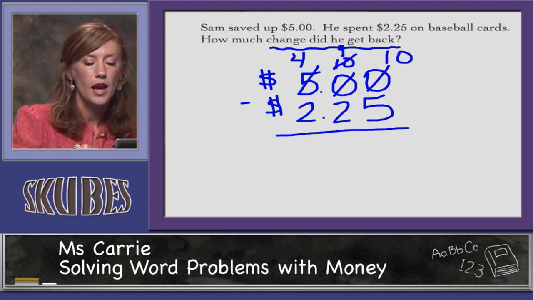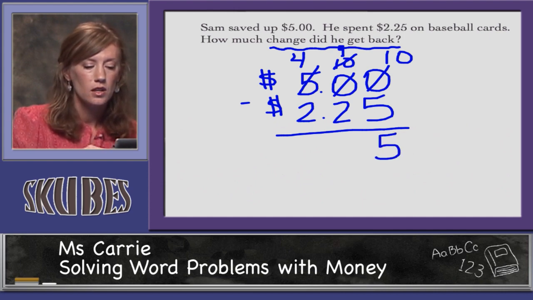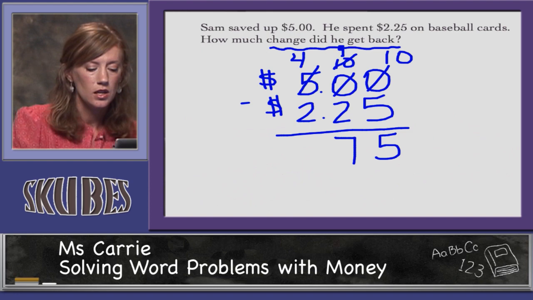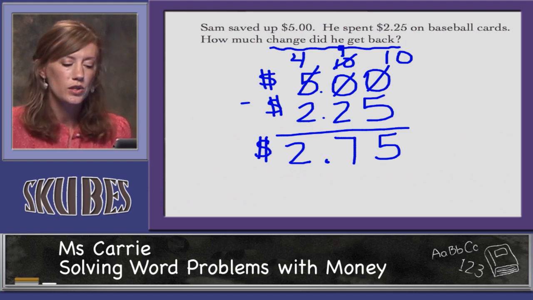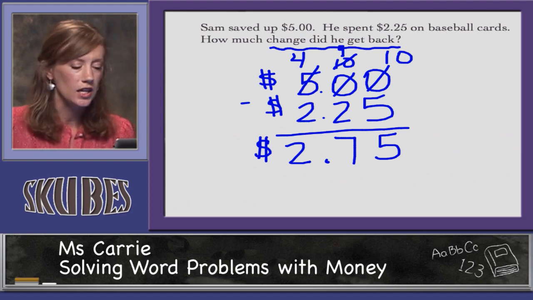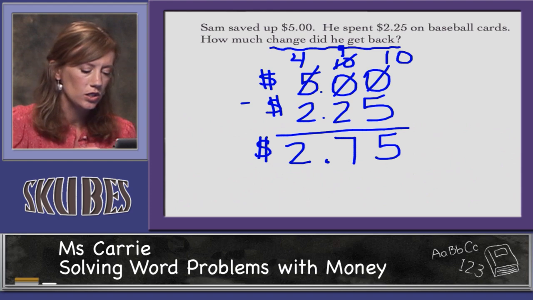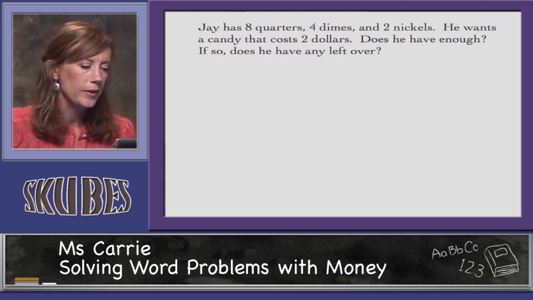Now we can subtract down. 10 minus 5 is 5. 9 minus 2 is 7. And 4 minus 2 is 2. Put our dollar sign in. He got $2.75 back in change. 75 cents back in change. Let's look at our next problem.